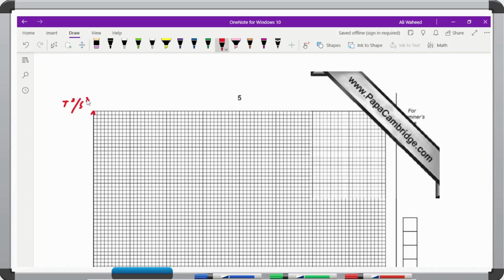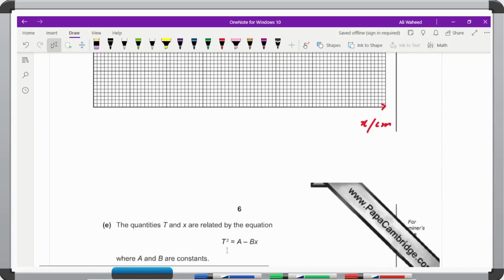So what do we do now? The next thing is, after you have labeled the axis, you have to scale the axis.